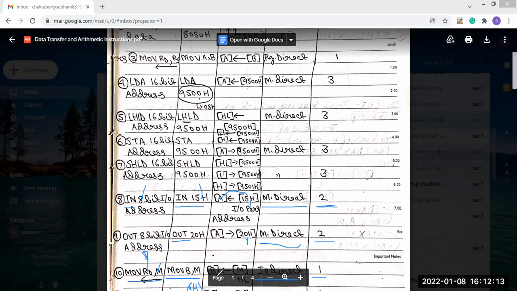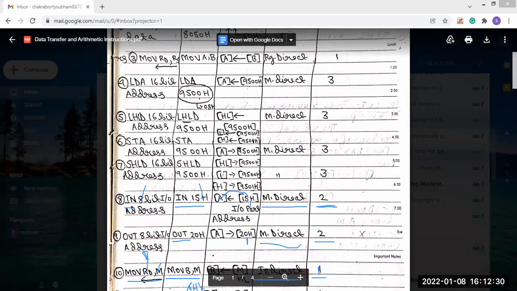That's why the HL register pair and then M is mentioned, and from that content it will be moved to the B register. So this is indirect addressing, and the byte length will be 1.